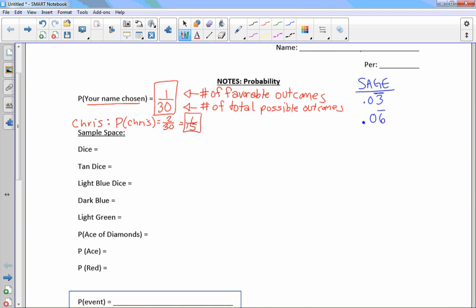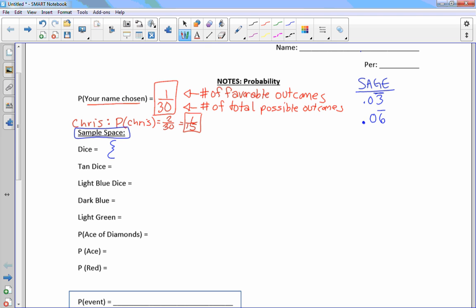Okay. Now, on a regular die, let's see. How many sides are in a regular die? 6. Okay? So what's the probability that I would roll a 2? 1 out of 6. There's only one side that has a 2 in here, right? Okay. So on a dice, we have this thing called sample space. The sample space is the set of all possible sides that could come up.